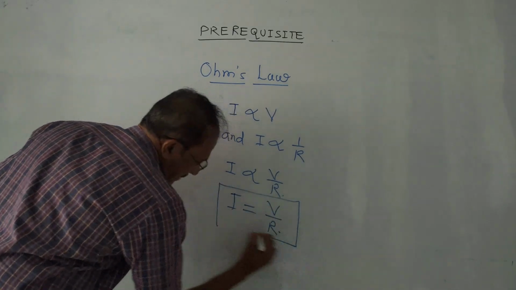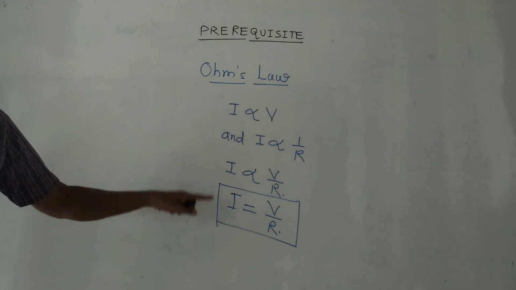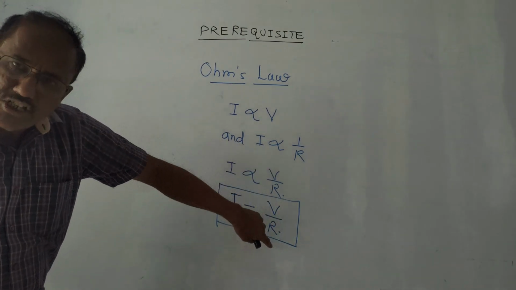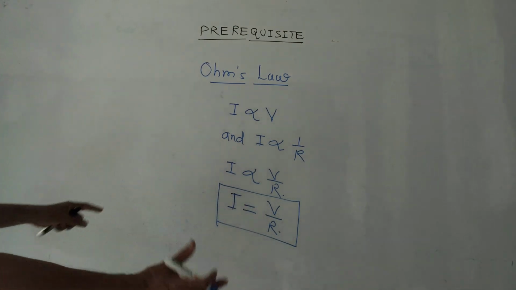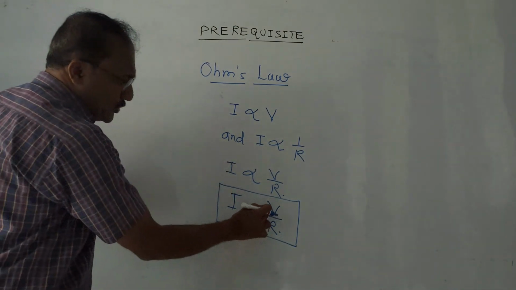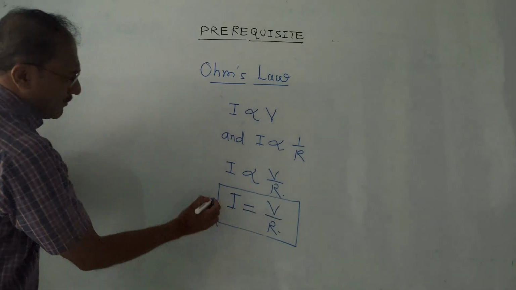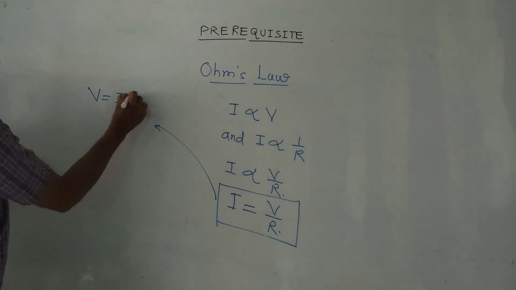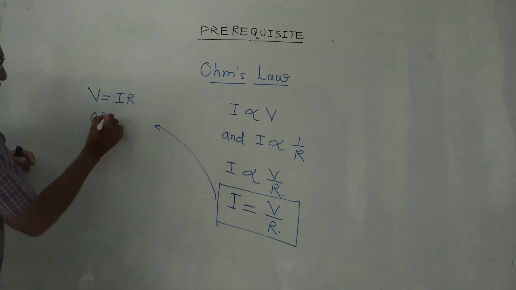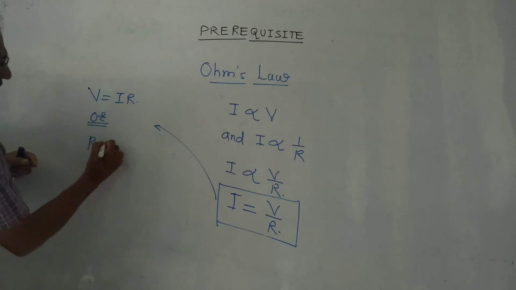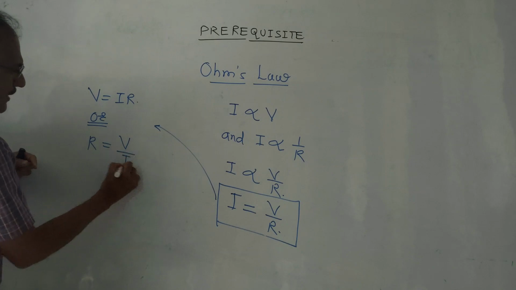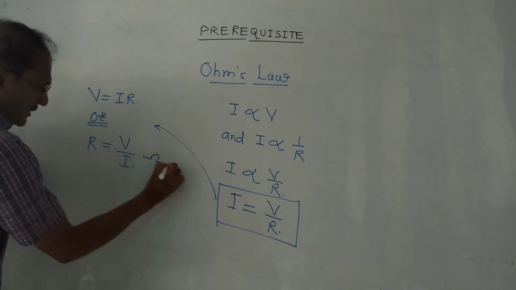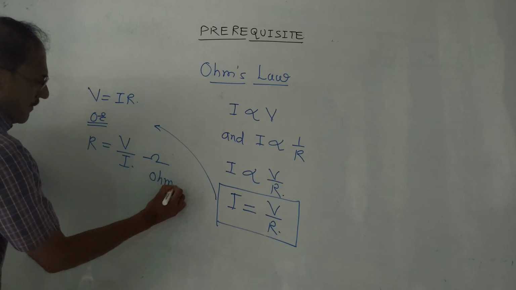This is the basic equation of Ohm's law, which relates current to the voltage and resistance. Now, very simple, whenever you require, suppose you need the equation of voltage from this, then you can write V is equal to I into R. Or if you want the equation of resistance, then R can be written as V upon I. And for your information, the unit of resistance is ohm.